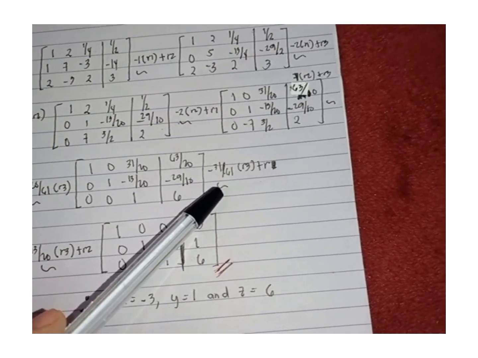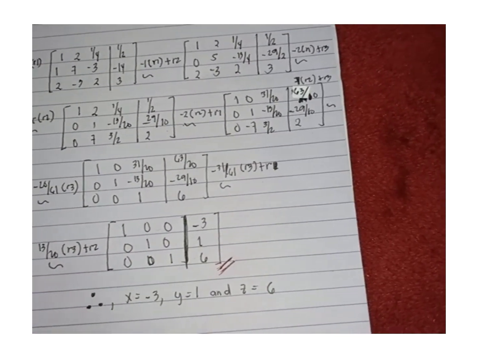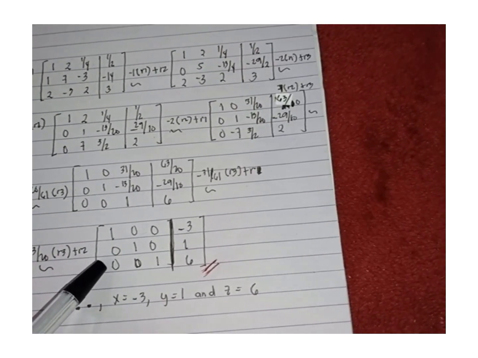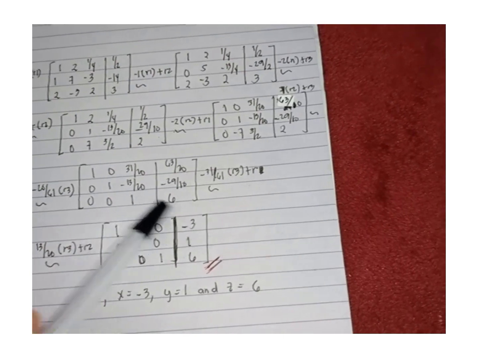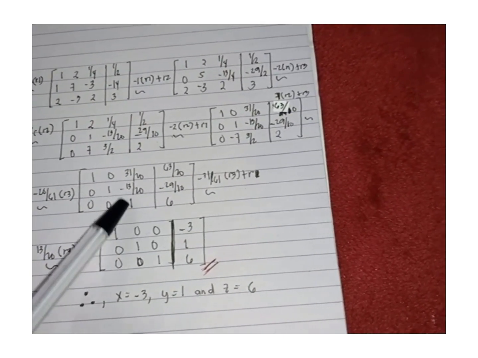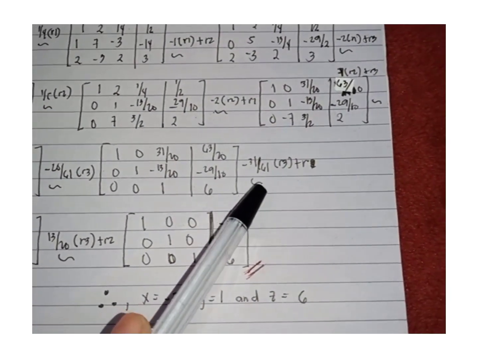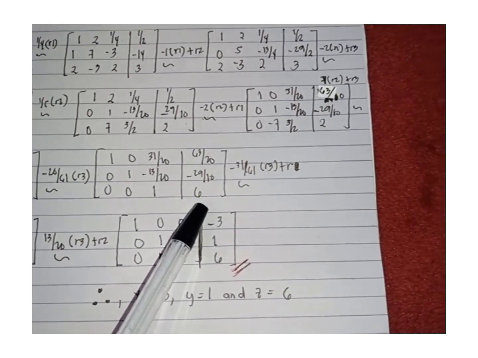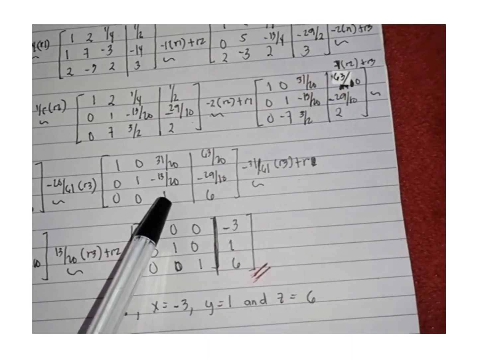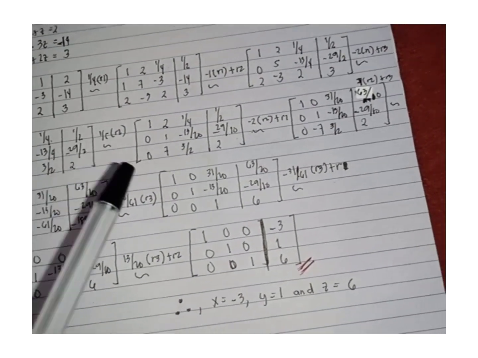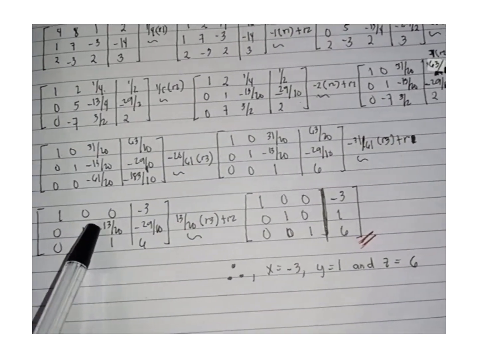So negative 31 over 61 times 1 plus 31 over 20 will be 0. Negative 31 over 61 times 6 plus 63 over 10 will be negative 3. Copy row 1, copy rows 2 and 3.